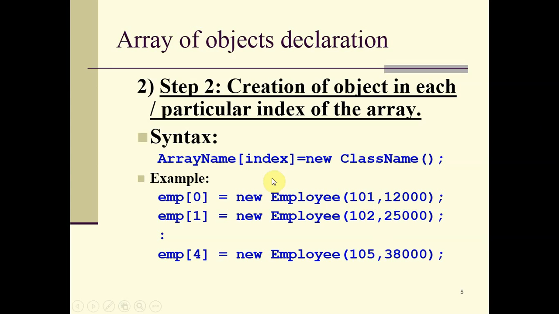Then element number 2 of the array, which is index number 1, we have another object with this data, and so on until object number 5, index number 4, with this data. So first declare the array, second create the object in each index of the array. Now we have the array and the data for each element of the array. This is how we create an array of objects.